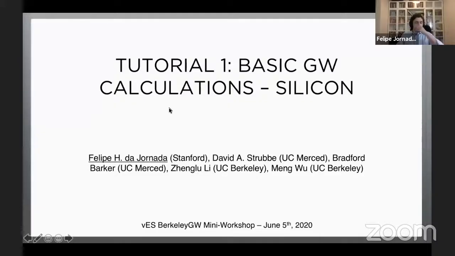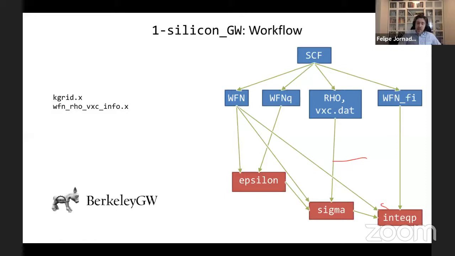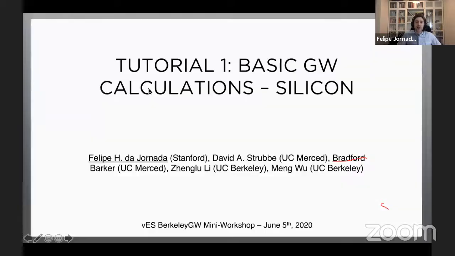So I'm now switching gears, and I'm going to quickly tell you how to run the calculation on silicon. I want to acknowledge that this example was first put forward by David Strubbe, but it has changed quite a lot over the years, and I really want to thank all the other amazing instructors who are working here today, including Brad Barker, John Lee, Ming Wu, Ian Hao, Diane and others who I may have forgotten.